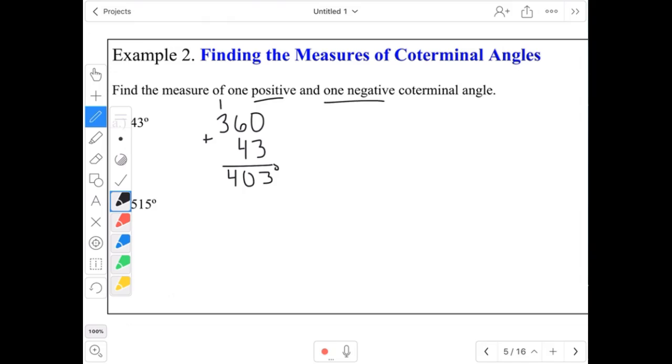And then I'm going to take 360 and I'm actually going to subtract 43 degrees if I'm going to get that negative one. And then I'll flip my signs. So that would be negative 317 degrees.